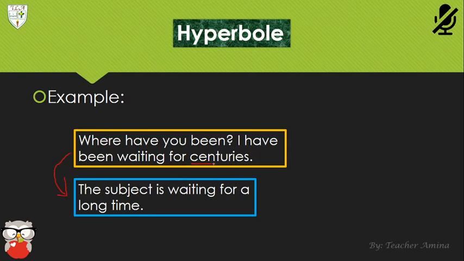So we know centuries, if we are in the present right now and going back a century, it means that it's a long time. So the subject is comparing the time that she waited for that person that she's talking to, to a century.